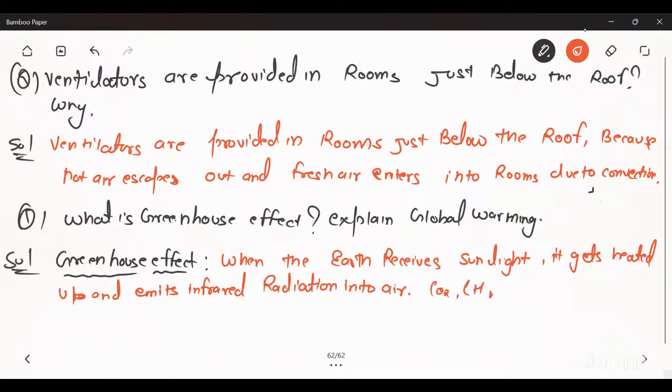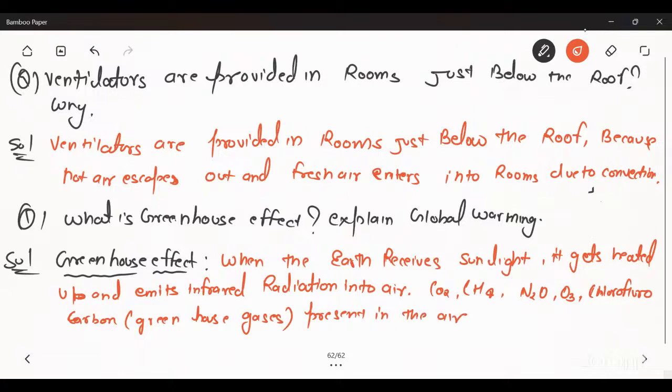CO2, CH4, N2O, O3, and chlorofluorocarbons, called greenhouse gases, present in the air, absorb the heat content of infrared radiation and keep the earth warm.